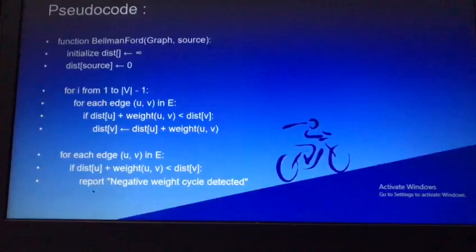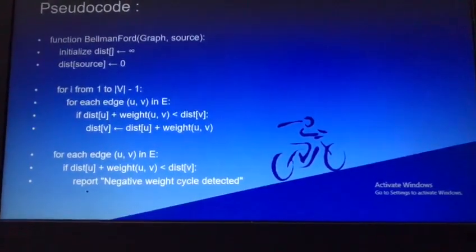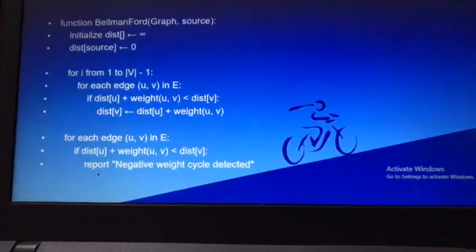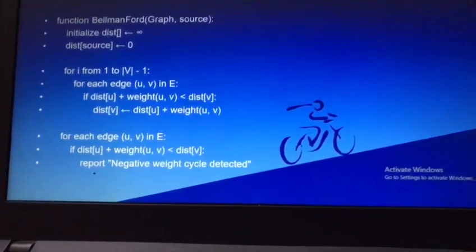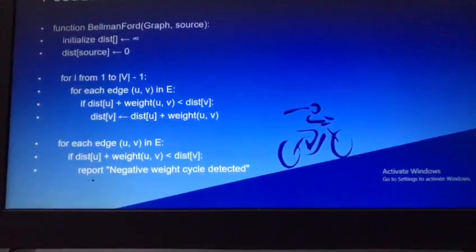For each edge u v, as we already said, if the distance plus weight is still less than the distance, a negative weight cycle is detected.